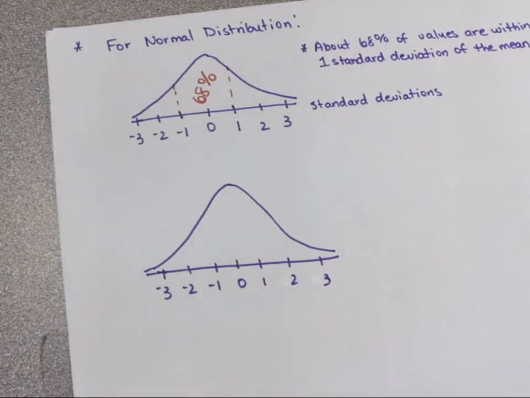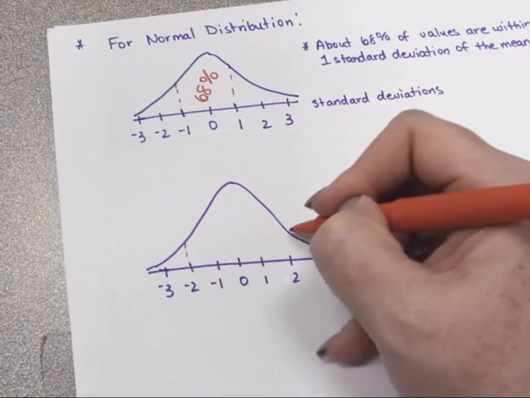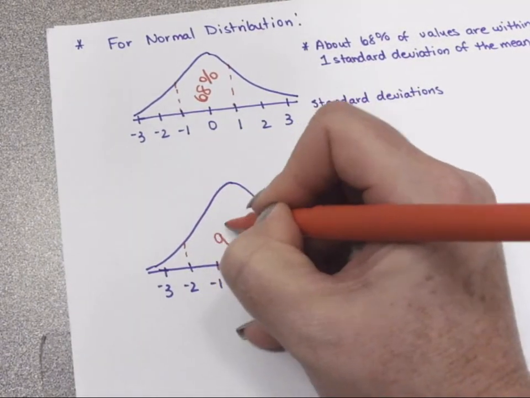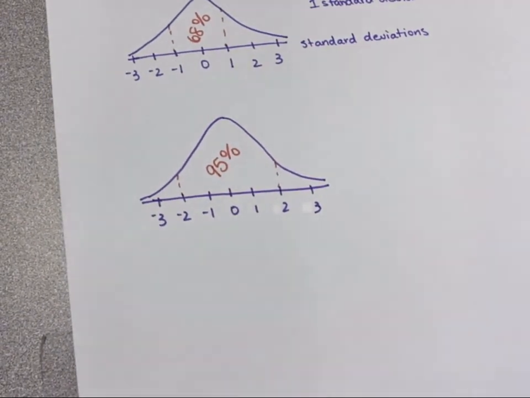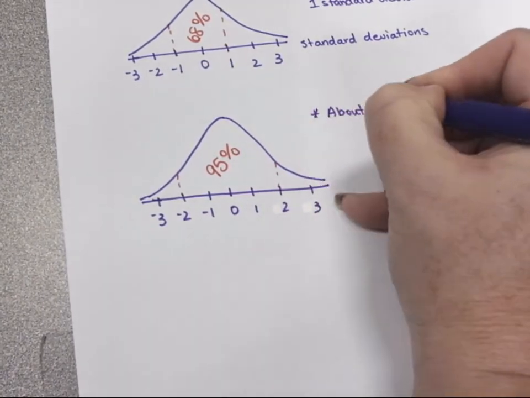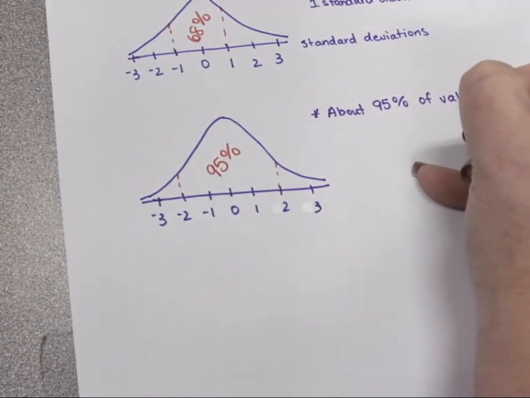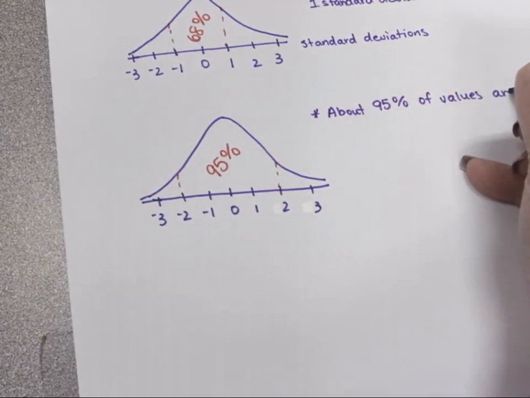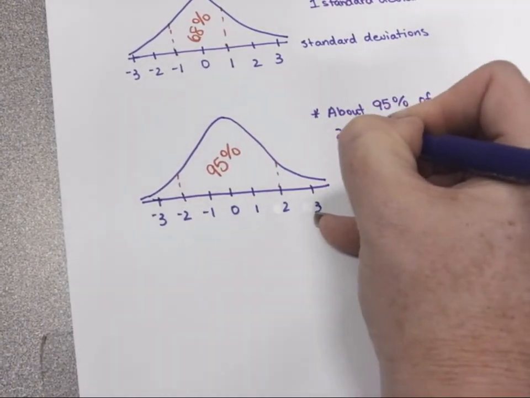So if we go out further and we take all the values that are within 2 standard deviations, we are going to cover 95% of them. In other words, we're going to cover a lot more ground. So about 95% of the values are actually within 2 standard deviations of the mean.